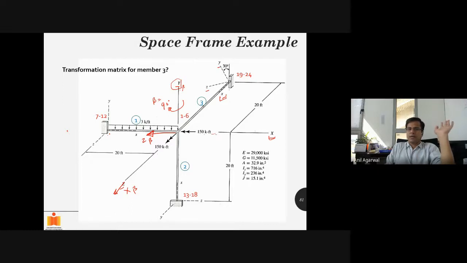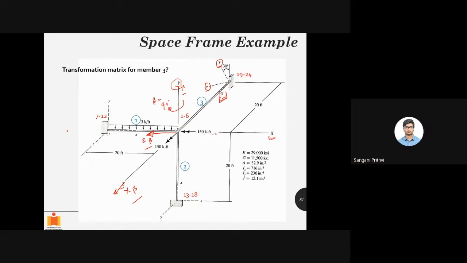Once x is aligned, now look at the global coordinate system. I've got x here, I've got z here, I've got y here. And the local coordinate system is saying x is here, y is here, and z is here. So what transformation do I need to do to the global coordinate system so that it matches the local coordinate system? Alpha transformation, sir. By what angle? 30 degrees anti-clockwise about the x-axis. Exactly.